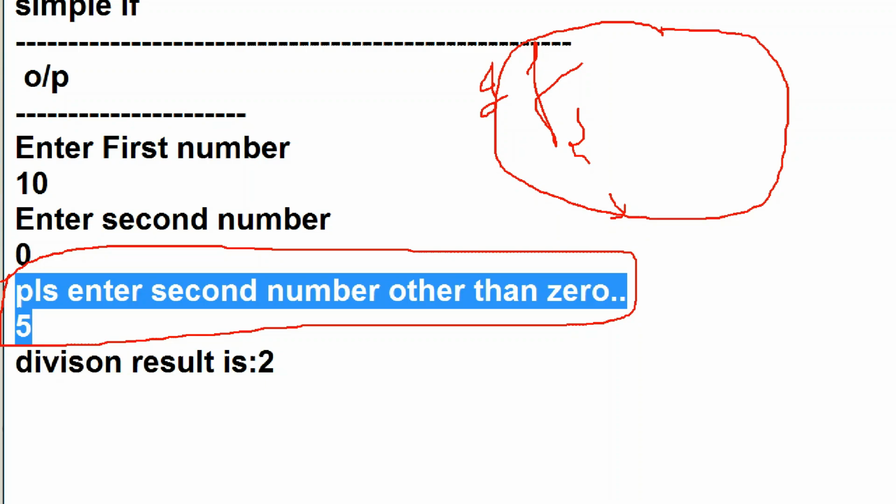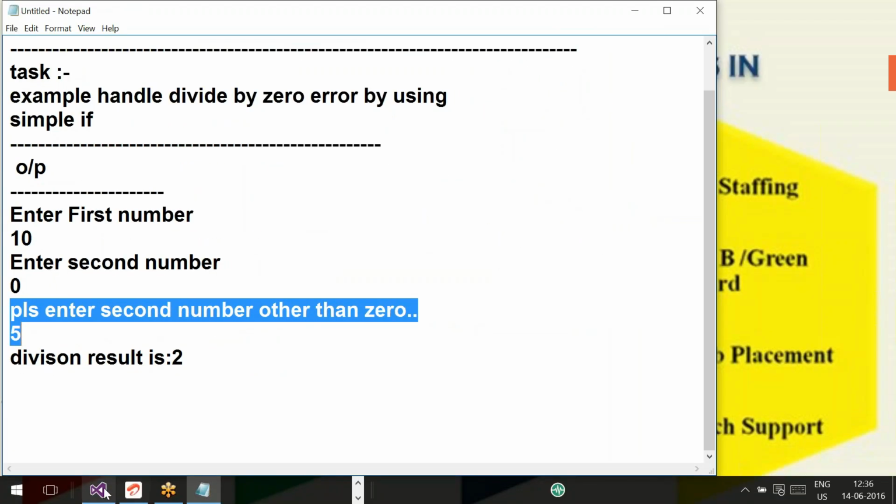You should implement this condition block after accepting the second number and before performing the division. In that way you have to think and write the logic.